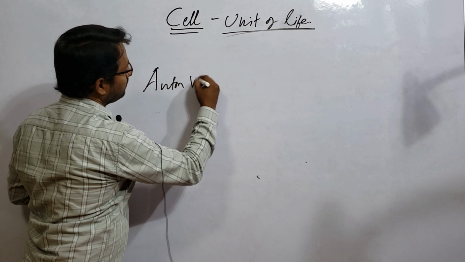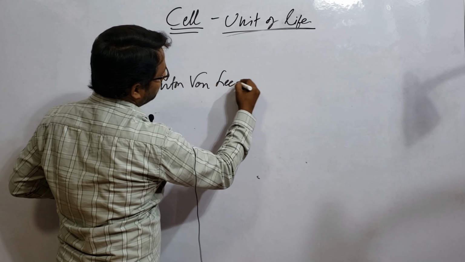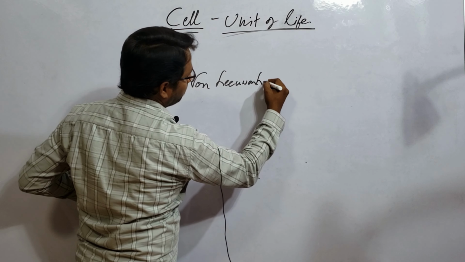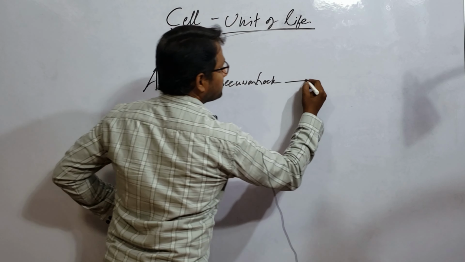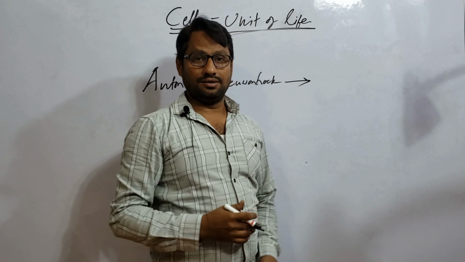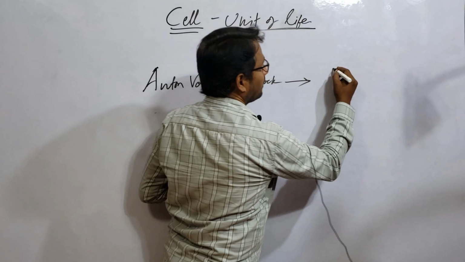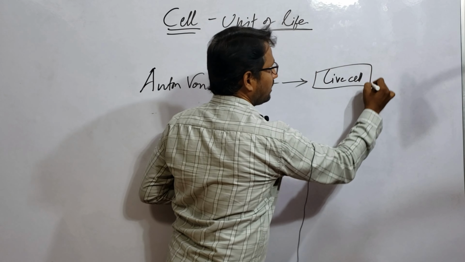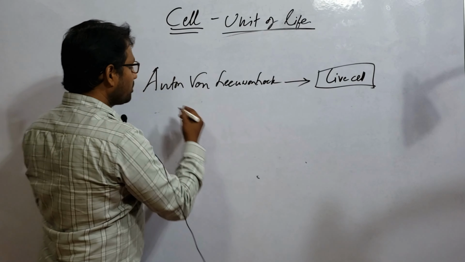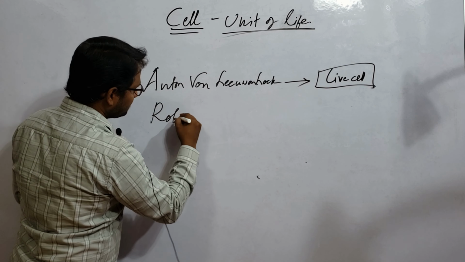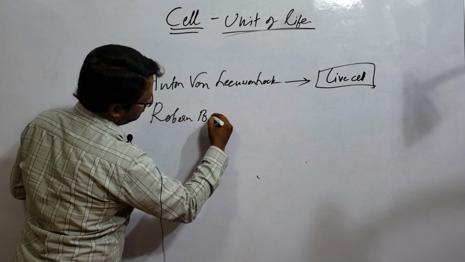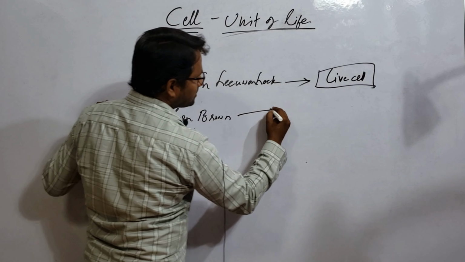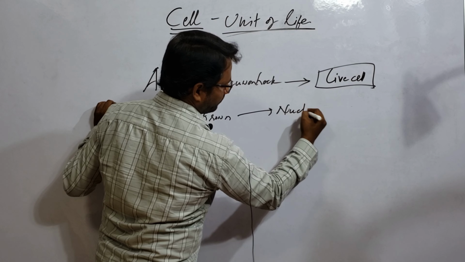Anton von Leeuwenhoek first saw and observed a live cell. He is the first scientist who observed and saw a live cell. Later, Robert Brown is another scientist who discovered the nucleus.